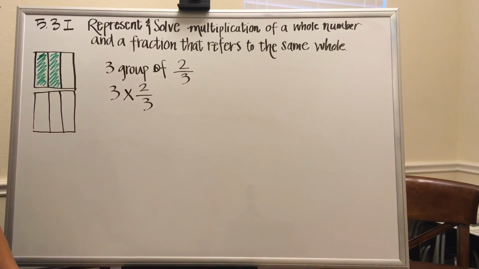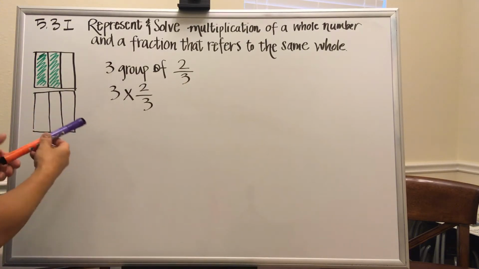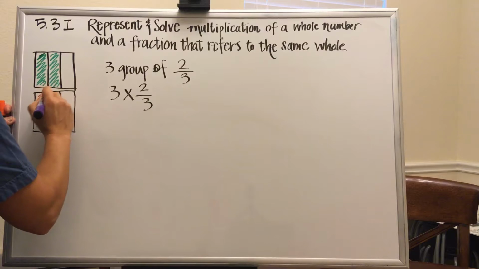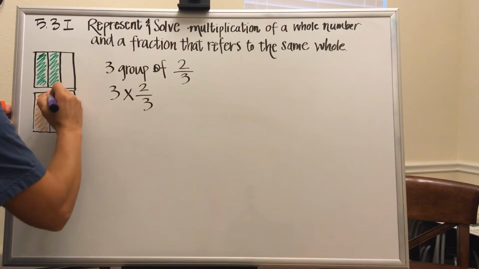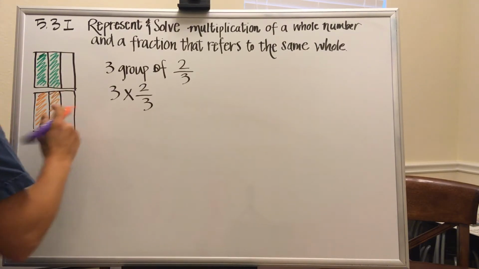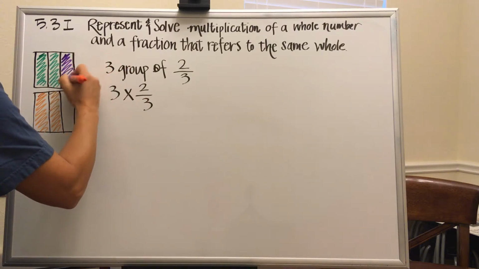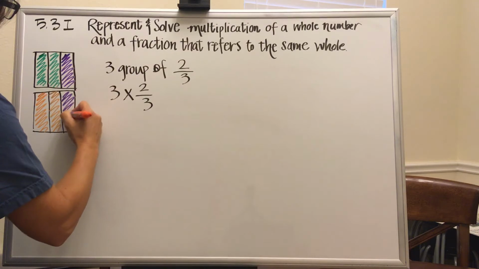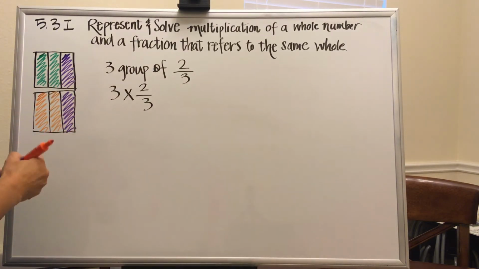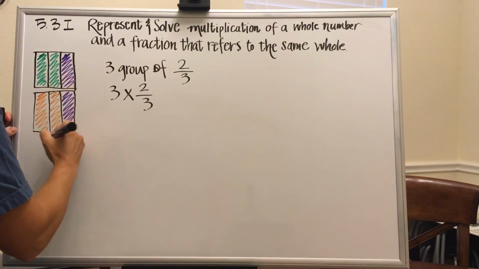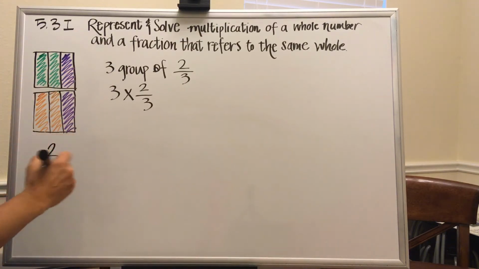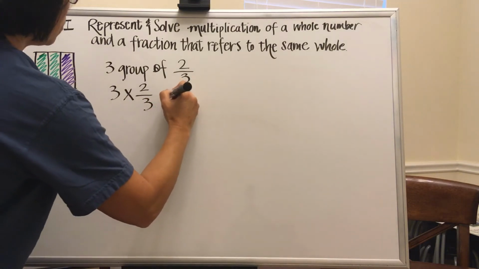And I am going to shade in another 2/3. Orange. And finally my thirds, the third group, there's 1/3. There's another third, makes 2/3. I should arrive at the answer of 2 whole. The picture tells me my answer, 3 groups of 2/3 is equal to 2 whole.